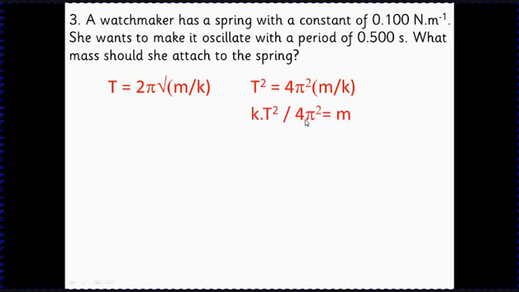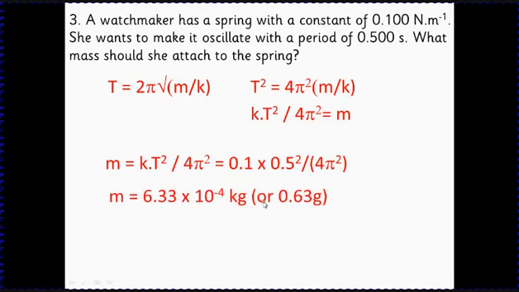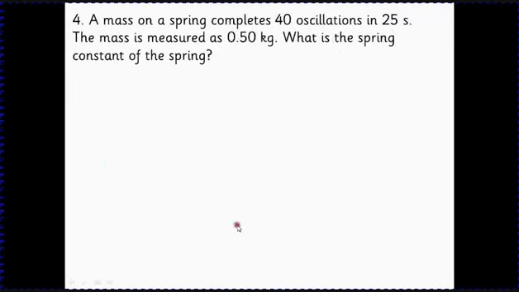We want the m on its own, so if we multiply by k and divide by 4 pi squared, we get to this expression. Once we've got that, we just put the numbers in. So 0.1 was the spring constant, times the period 0.5 squared, divided by 4 pi squared. That gives you a mass of 6.33 times 10 to the minus 4 kilograms, or 0.63 grams if you prefer.